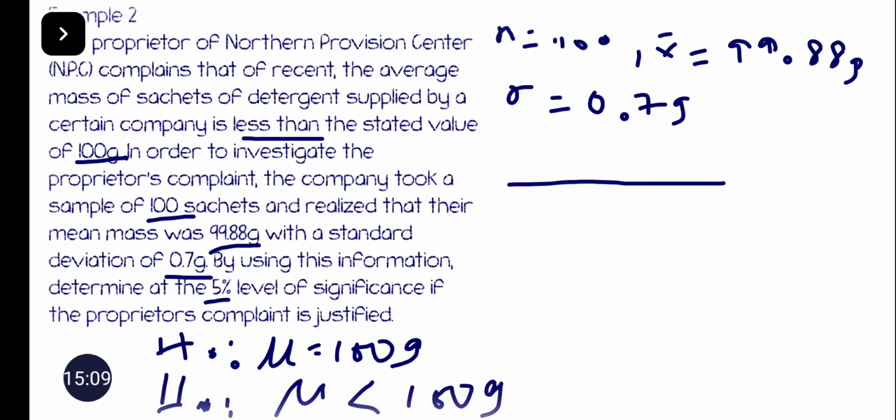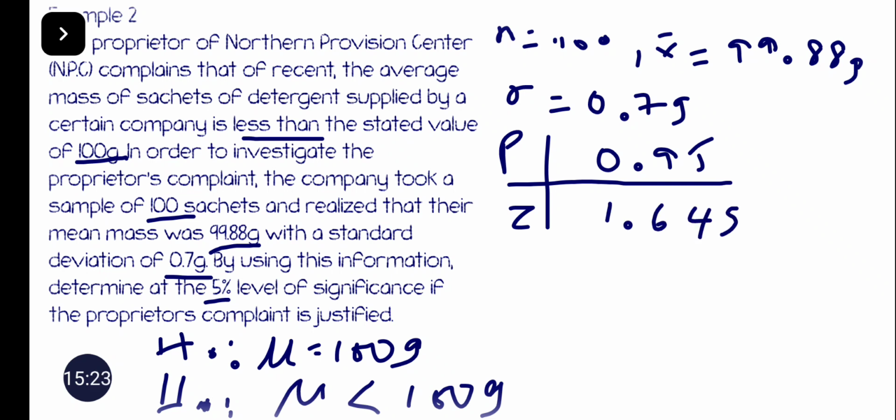When you go to your table, you have the p value, you have the z, you have 0.95. You will see below it 1.645. That's our critical value that we'll use for the test. Since it is to the left, we are going to use negative 1.645. That's our z alpha.